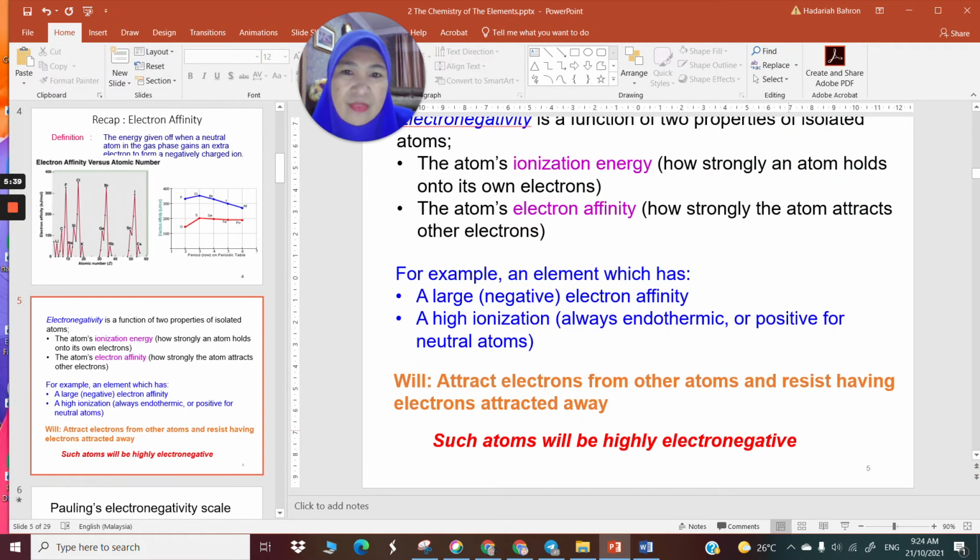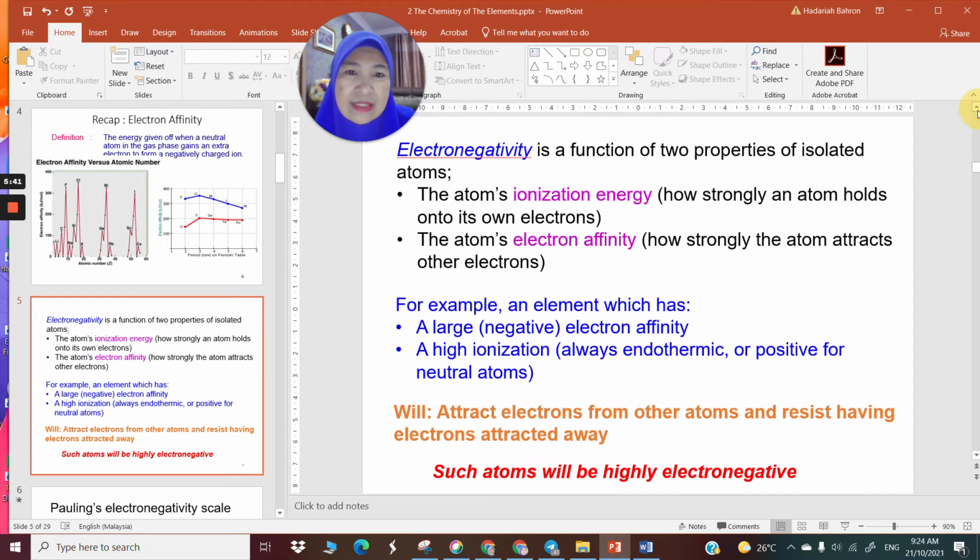Okay. So electronegativity is a function of two properties of an isolated atom. It is a combination of the atom's ionization energy, i.e. how strongly an atom holds its own electron, and the atom's electron affinity, how strongly the atom attracts other electrons. When we talk about chemical bonds, we talk about movements of electrons, or where electrons go.